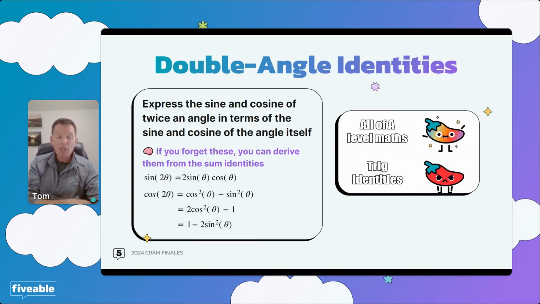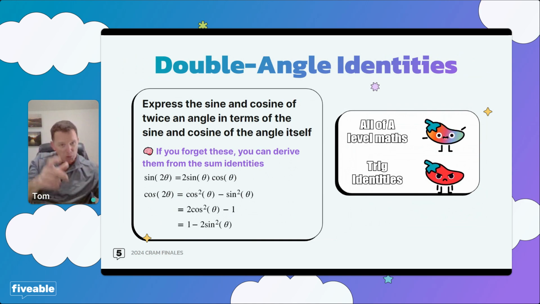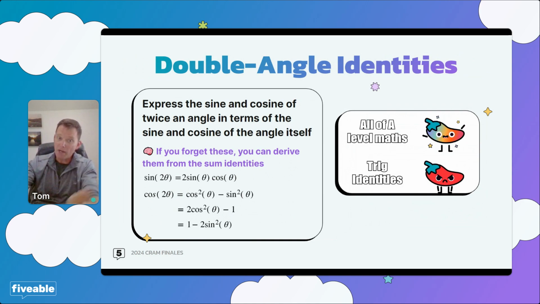With cosine 2 theta, you can apply the addition or the sum identity and get cosine of theta plus theta. But what's interesting about that is that we get this cosine squared theta minus sine squared theta first. But then when you remember back to the Pythagorean identities, you realize that you can replace cosine squared with an expression that involves sine squared, and you end up with the bottom version.